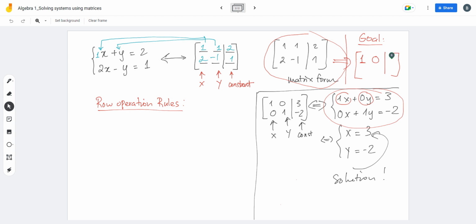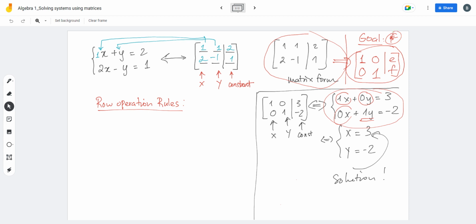So E stands for any number, right? And then for the second row, you would have 0x, so you have 0 here, 1y, so I have 1 here, and then another number, so I would say F. Again, E and F are numbers. So that's the goal. This is the goal that we all have to aim for to solve it.